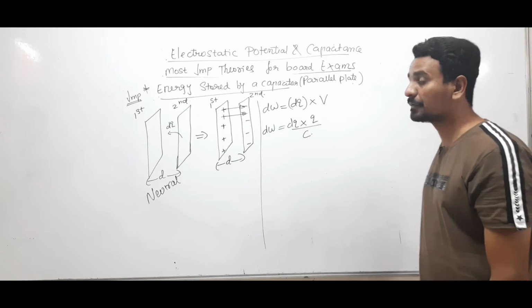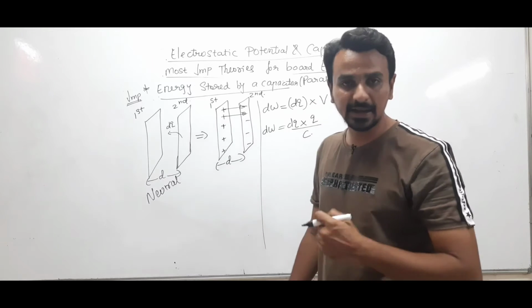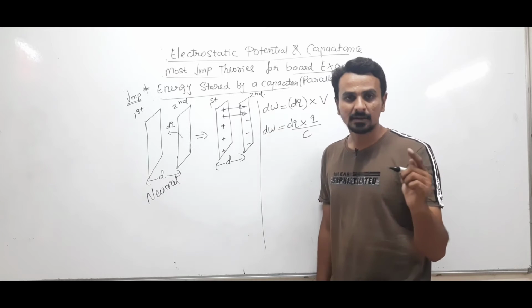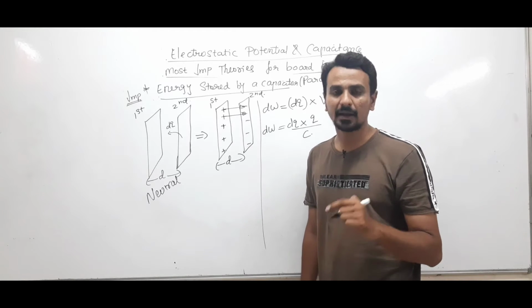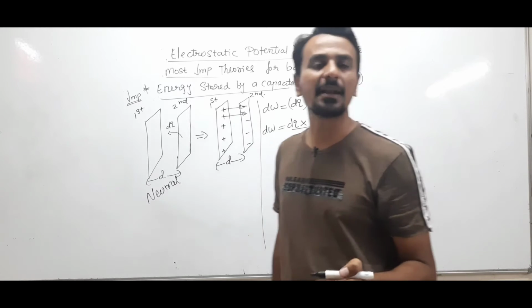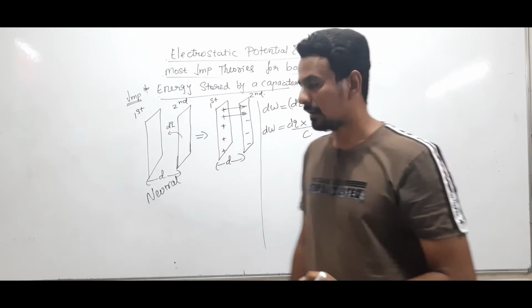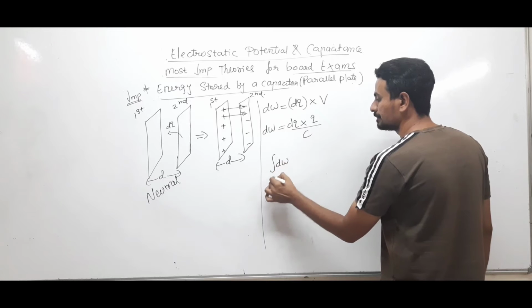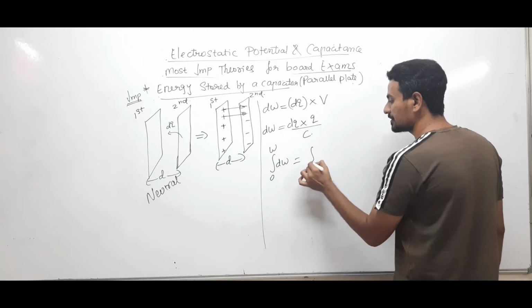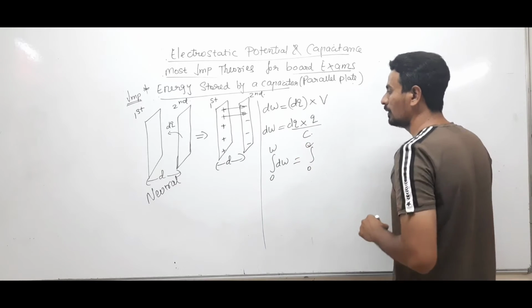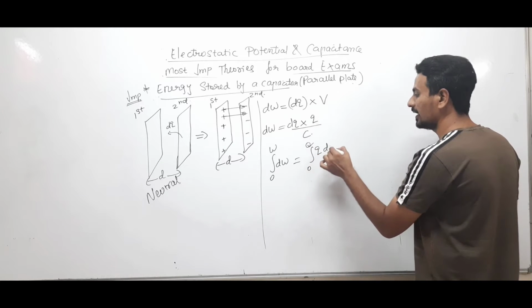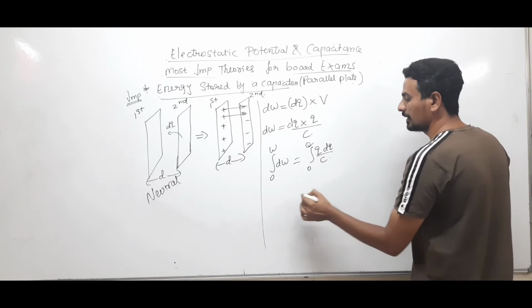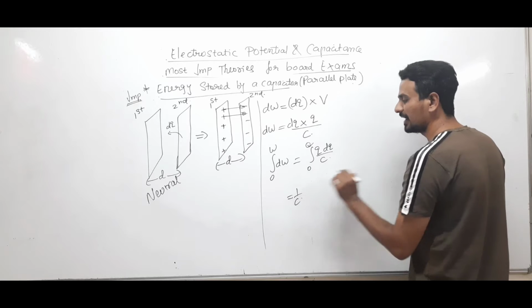So total work done will be calculated only by integrating. Whenever your force is variable, in such cases work done is calculated by integration. Right, so total work done to establish a charge 0 to q will be q dq upon C. Capacitance is constant, can be taken outside.